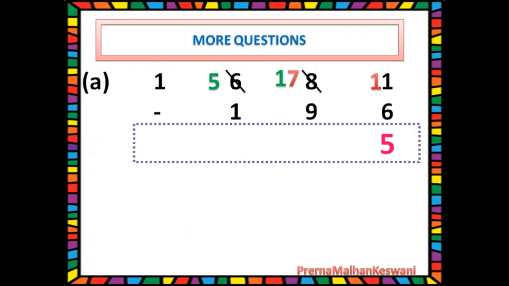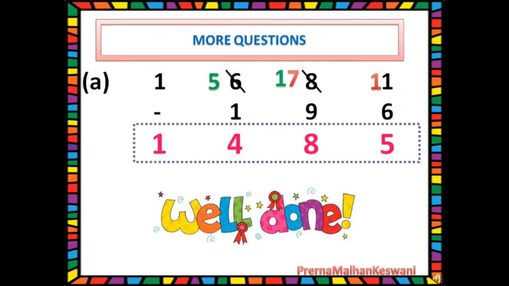The answer is 8. Now the hundreds column. 5 minus 1, the predecessor property. It gives you 4. And 1 will be the same, 1. So the difference between the given two numbers is 1485. Very well done. Now let's move to the other question.